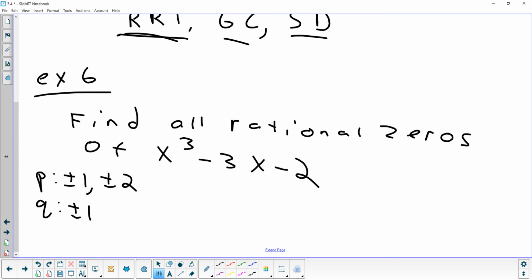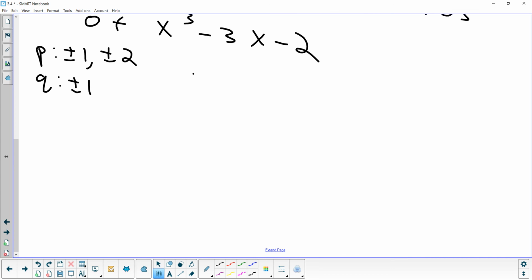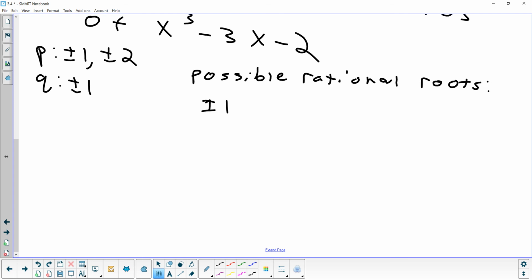So now if we're going to write all the possible rational roots, Matt, can you tell me what my possible rational roots are? Positive or negative 1 over 1. And positive or negative 2 over 1.